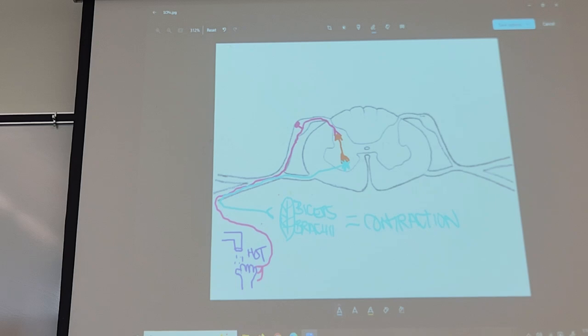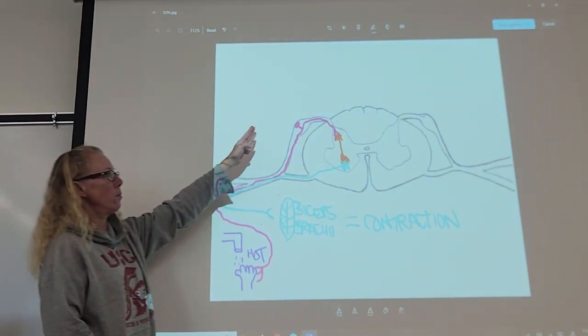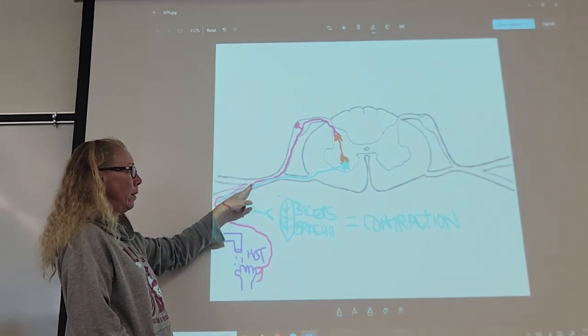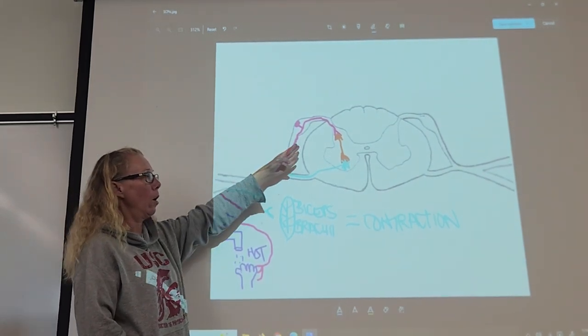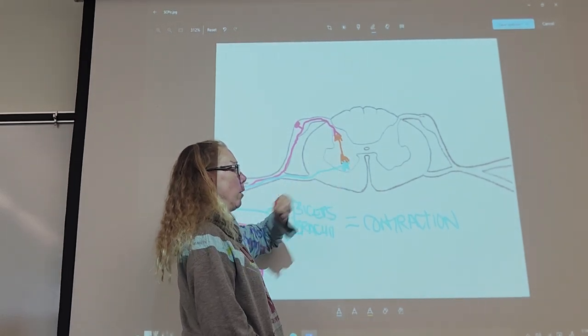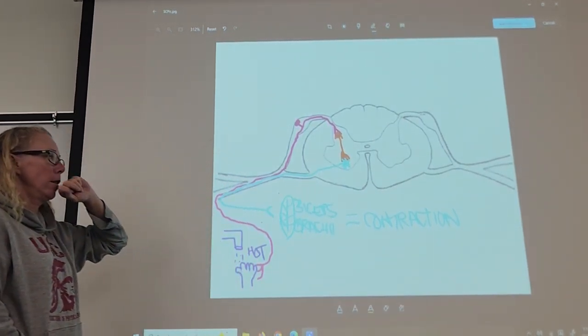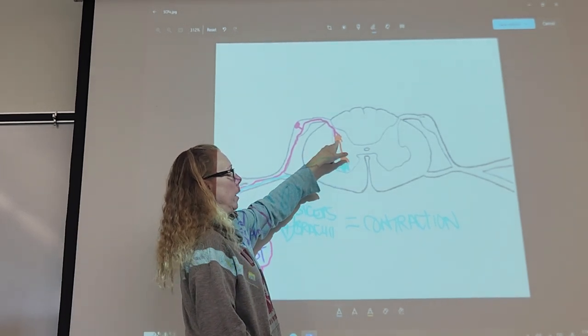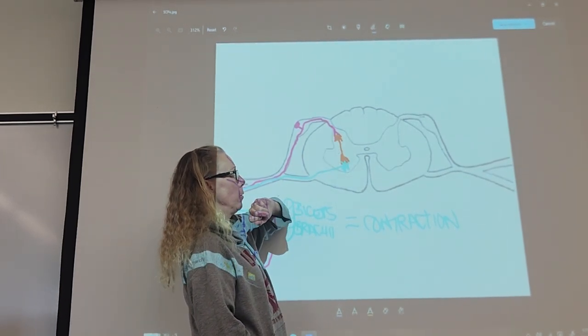But it's important to know structurally what the sensory neuron looks like, where you find the cell bodies, where you find the axons, where the axons terminate, in what part of the spinal cord, and whether or not you're going to find an interneuron if we're talking polysynaptic, if not monosynaptic. If it's poly, the interneuron cell body is going to be in the posterior horn.